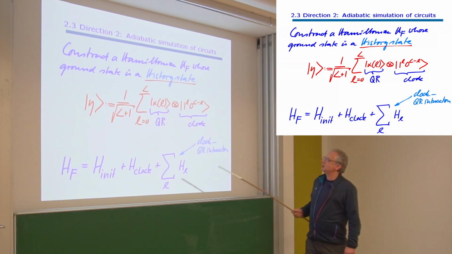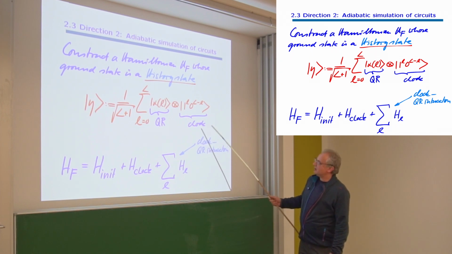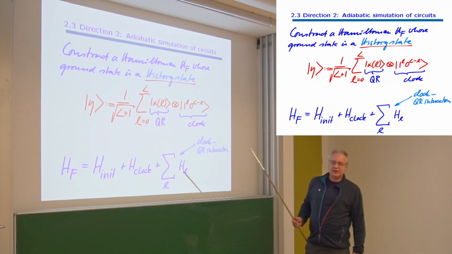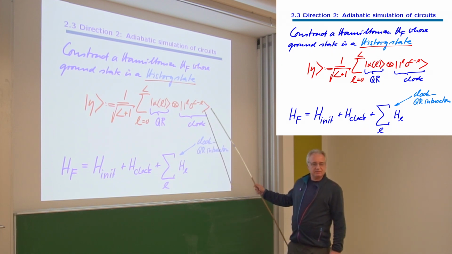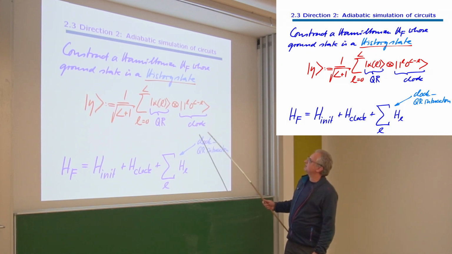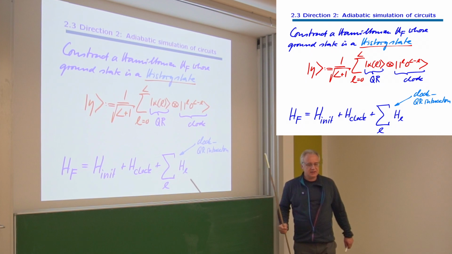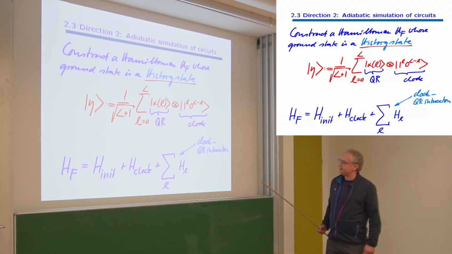Then you will measure the clock register, and you want to find the final time, but that will not always happen. So there's a certain inefficiency associated with that, but that's all fine with polynomial overhead. And if that works out, then you measure the quantum register. So this is how you can read out the quantum register from this.